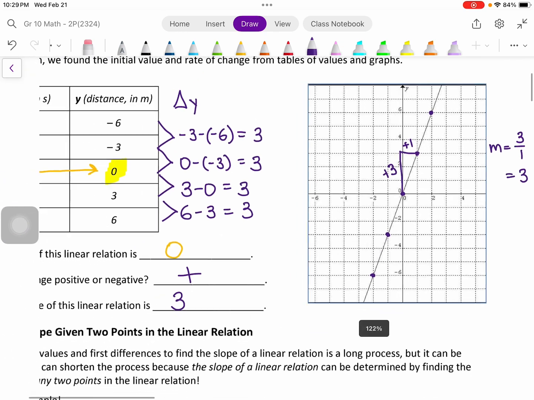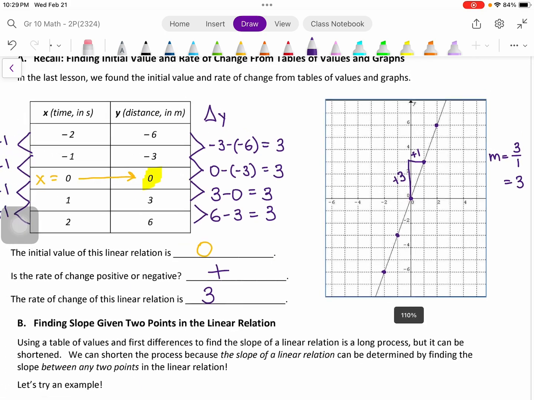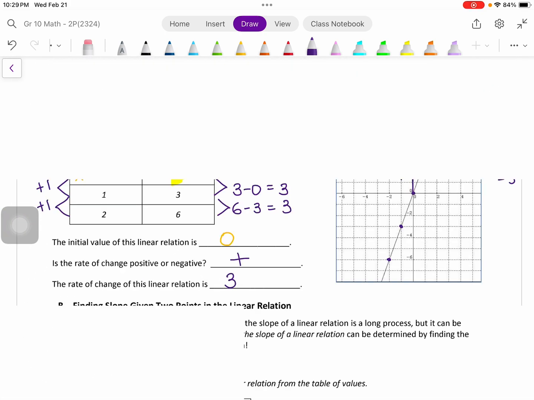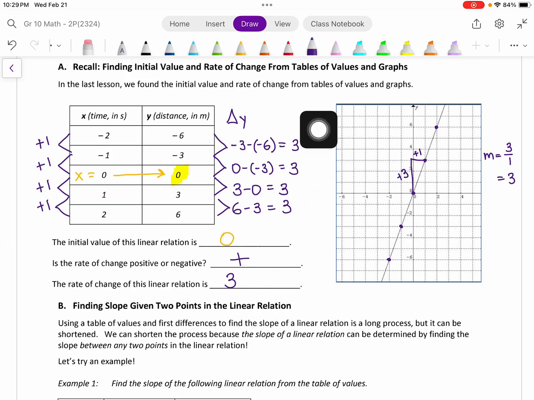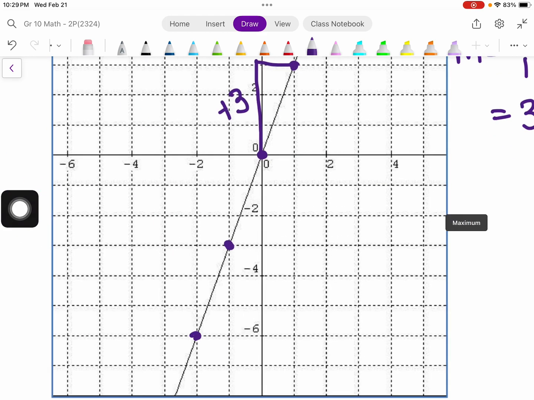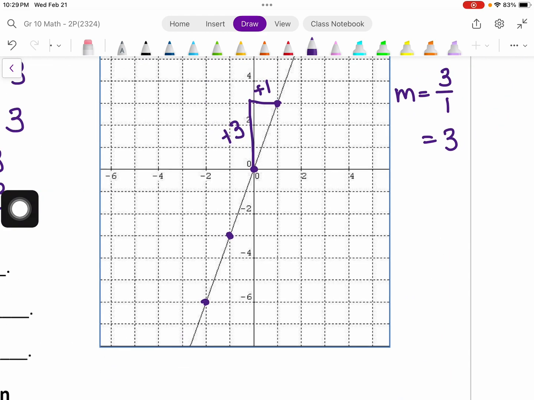So these are two different ways that I can calculate rate of change, by doing my delta y over my delta x, or counting my rise over run. And then the initial value I'm going to find in my table when x is 0. What is my y amount? I can do the same thing over here.